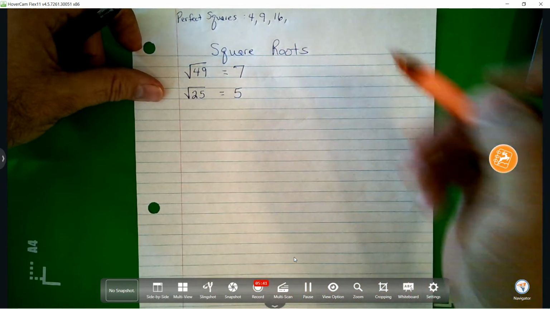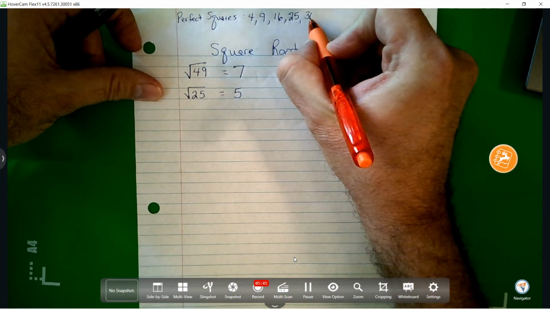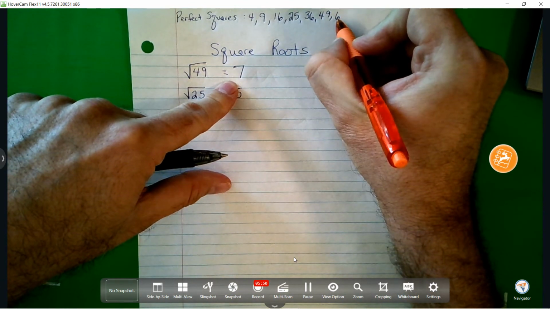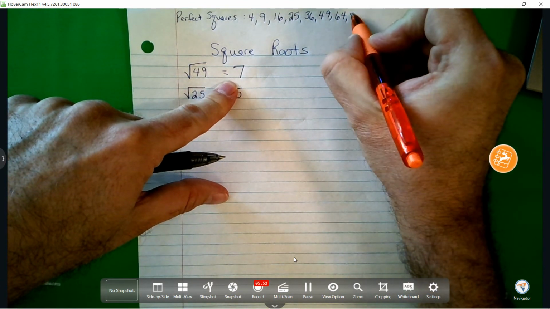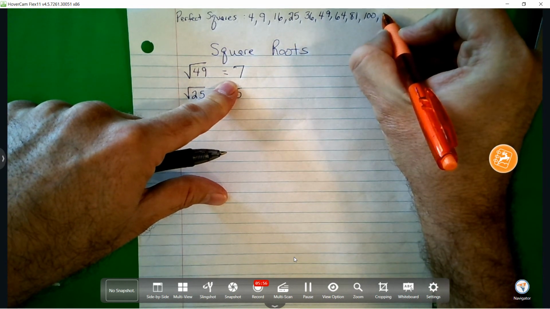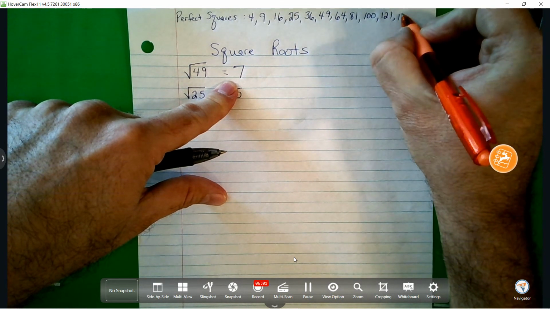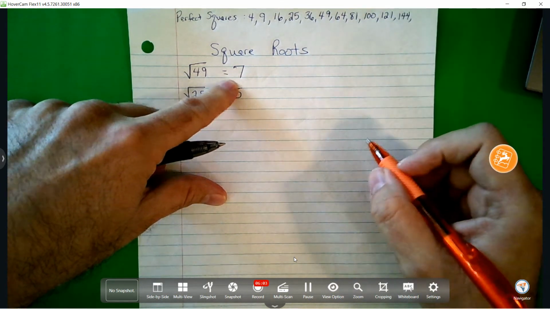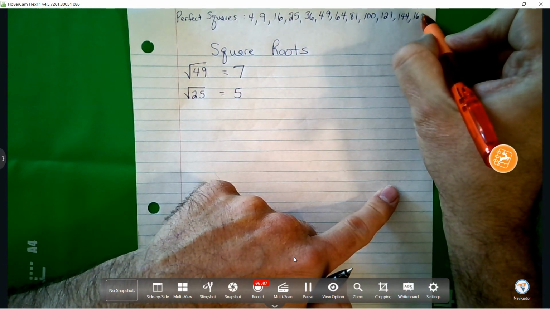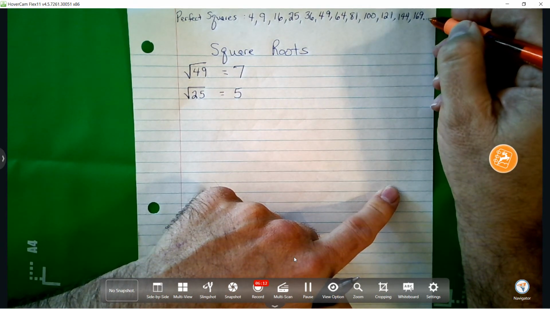Then the next perfect square, 5 times 5, 6 times 6, 7 times 7, 8 times 8 is 64, 9 times 9 is 81, 10 times 10 is 100, 11 times 11, 121, 12 times 12, 144. It's getting bigger now. 13 times 13, I think that's the last one I'll write. That's 169. You might want to punch that into your calculator if you doubt it.